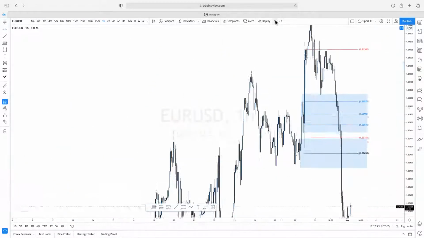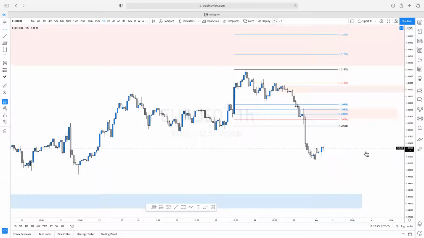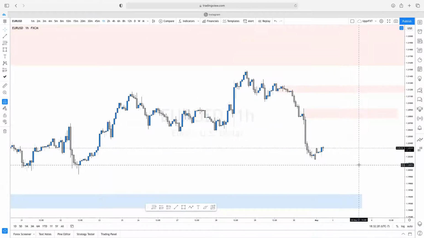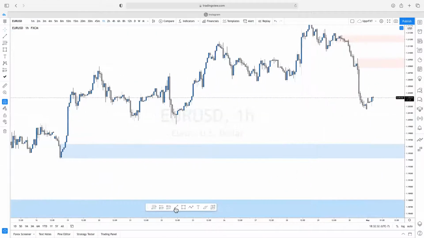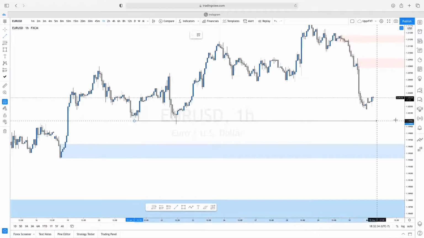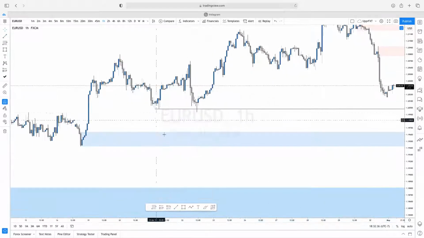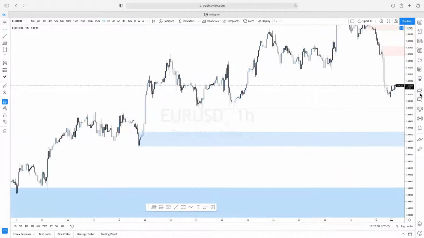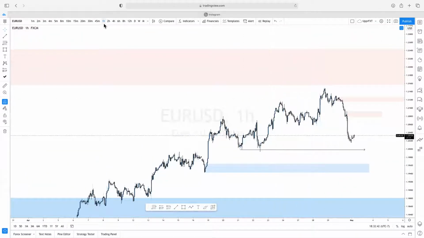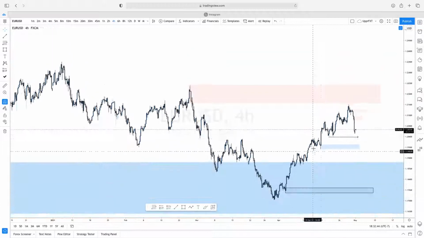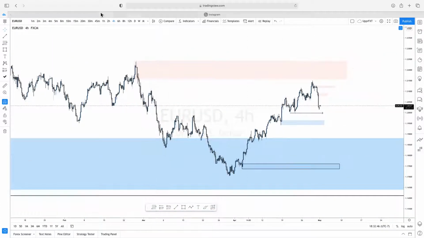Sorry, let me go back because I got sidetracked like I always do. These are the areas that we're looking for at the moment for EU. We do have equal highs and equal lows. This was wicked in, but I still want to see this lower demand zone be tapped into to possibly take higher. We're bullish on the 4 hour.